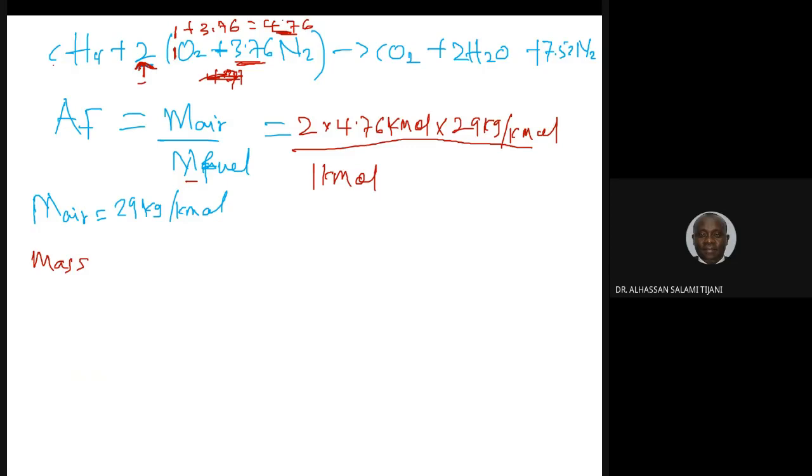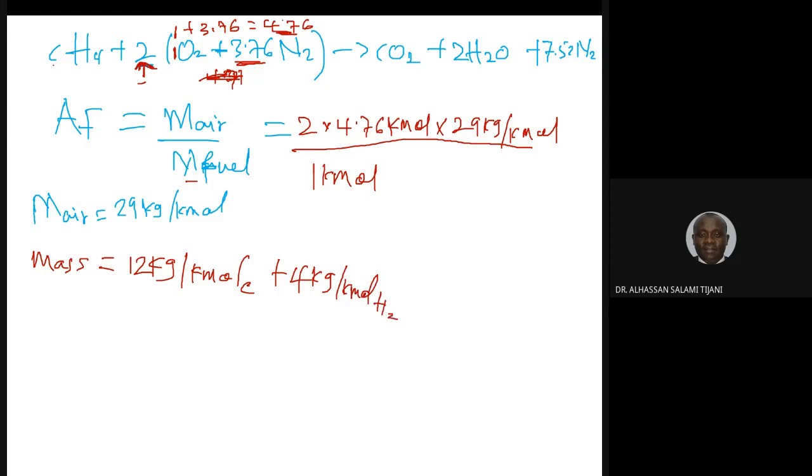This is given by 12 kilogram per kilomole of carbon plus, again, hydrogen is 4 kilogram per kilomole of hydrogen.